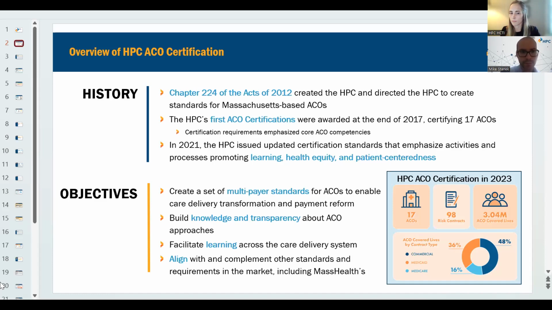Finally, in the insert here, you can see a few key program stats. As of this year, there are 17 certified ACOs in the Commonwealth, representing nearly 100 risk contracts and more than 3 million covered lives, roughly evenly split between commercial and public risk business. Now I'm going to turn it over to Christy to provide a refresher on the LEAP certification standards.